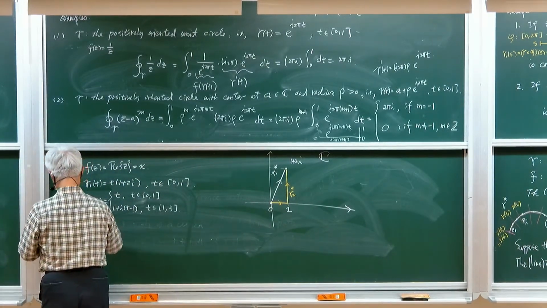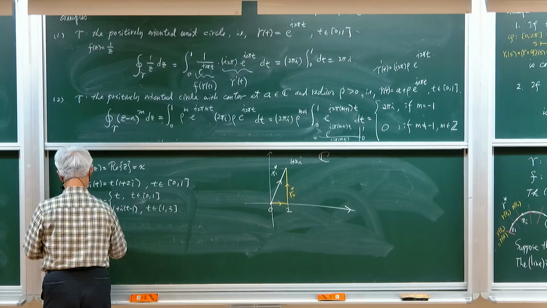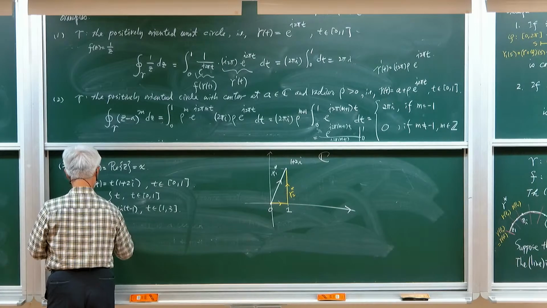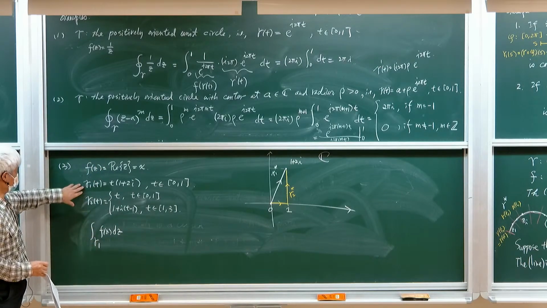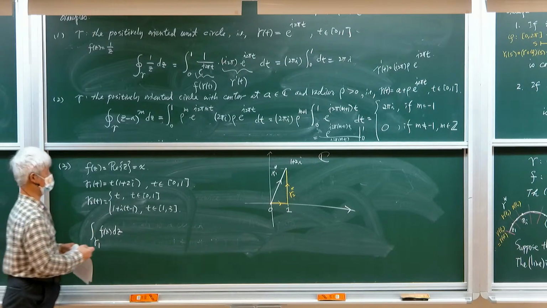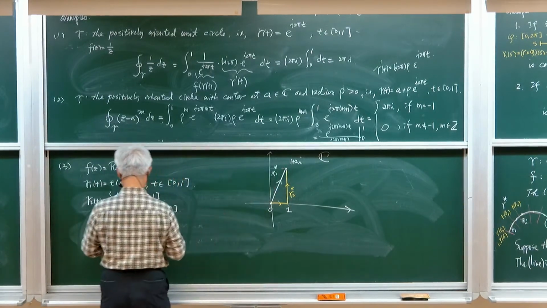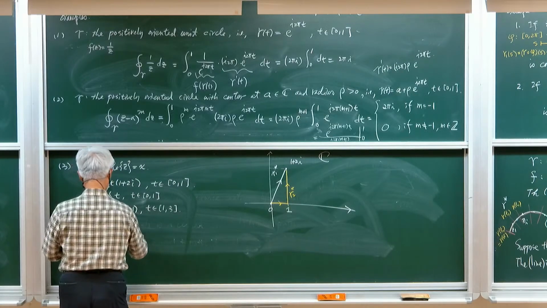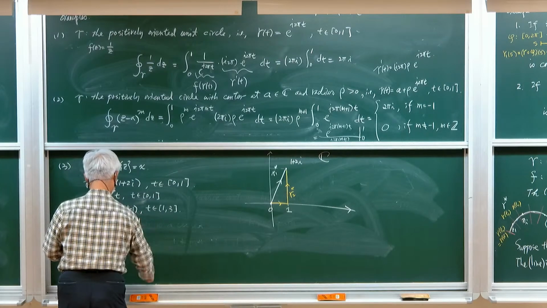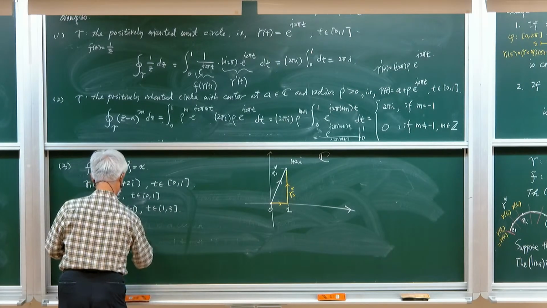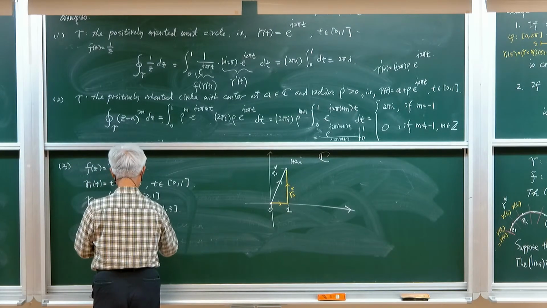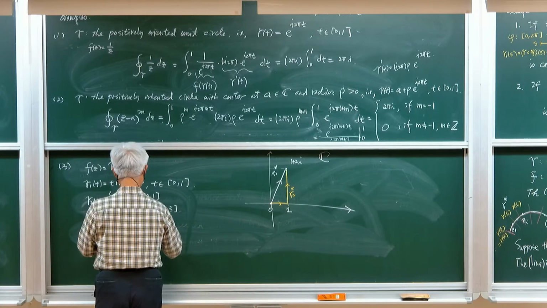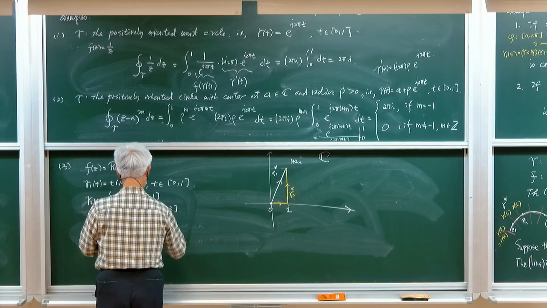Okay. And now we evaluate the same function. First of all, along gamma 1, along this line segment. And this one, so this is the real part of t times (1 plus 2i).